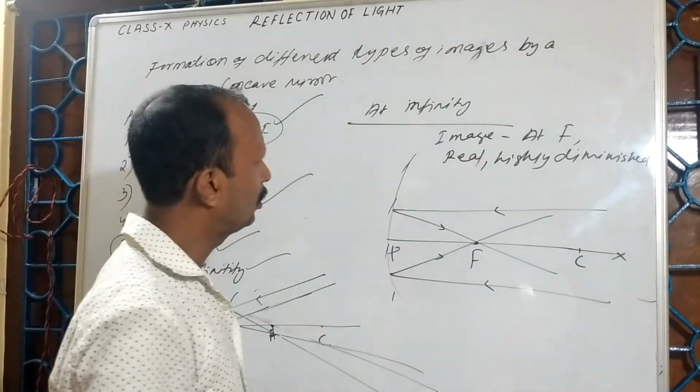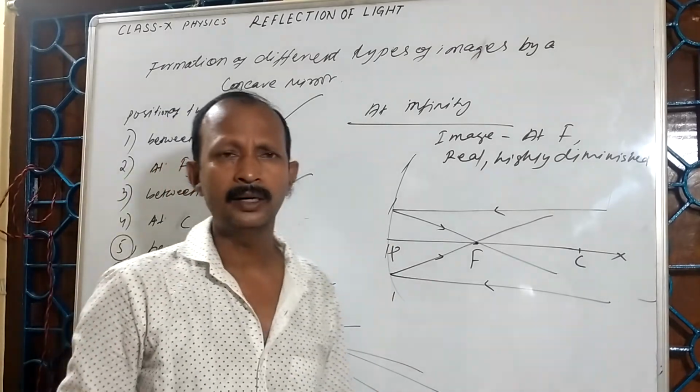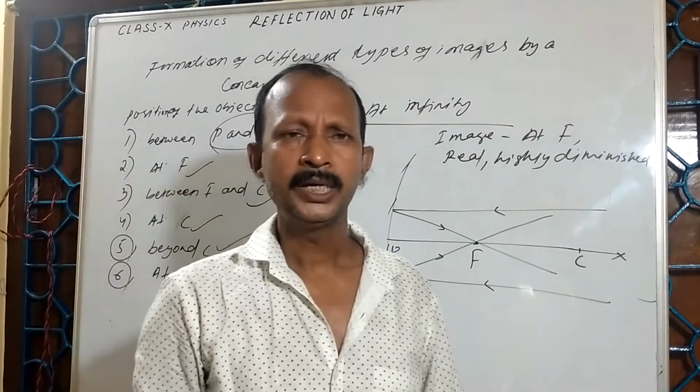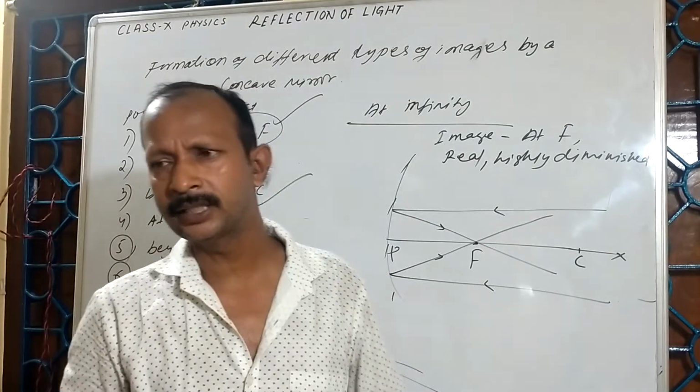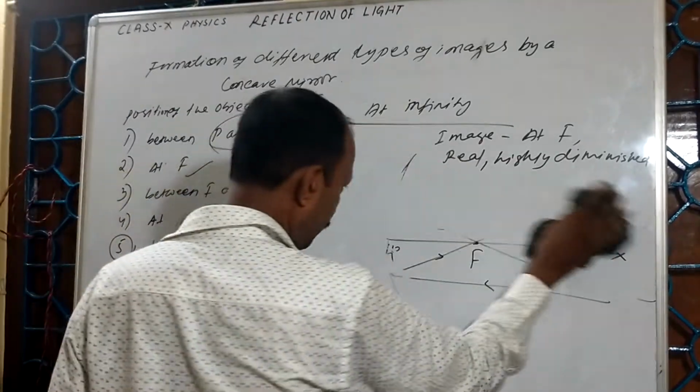So these are the ways we can get the images when the object is placed at different positions. Okay?